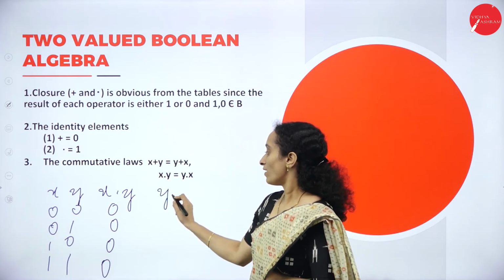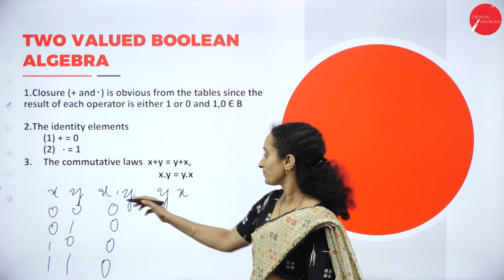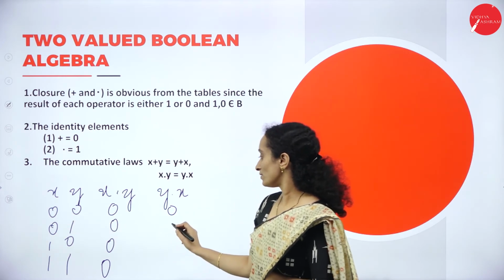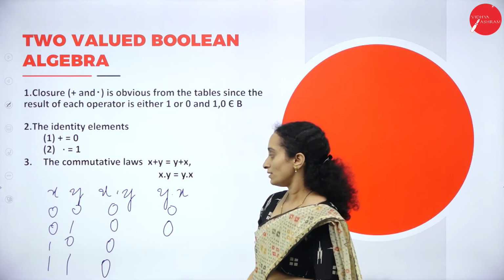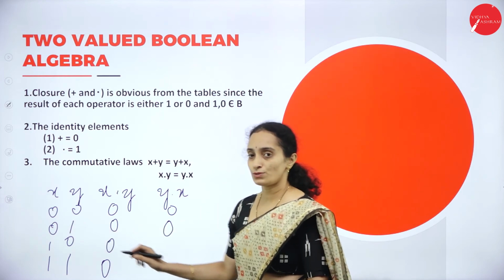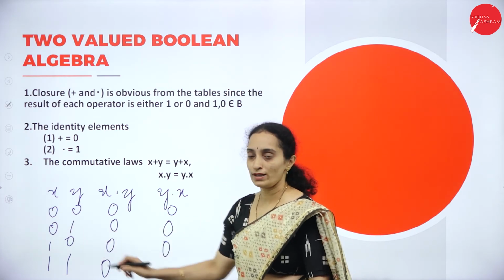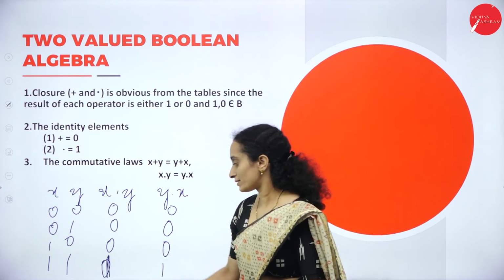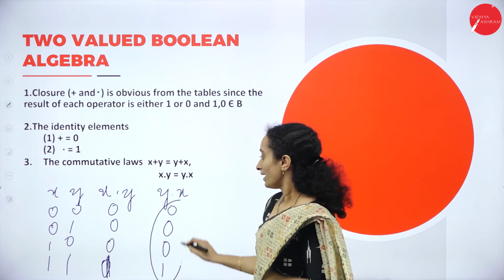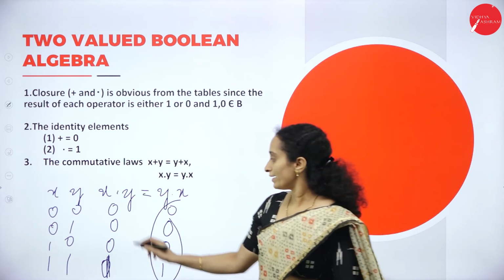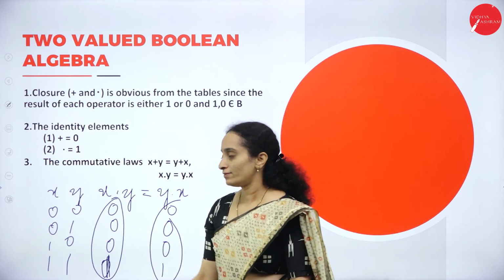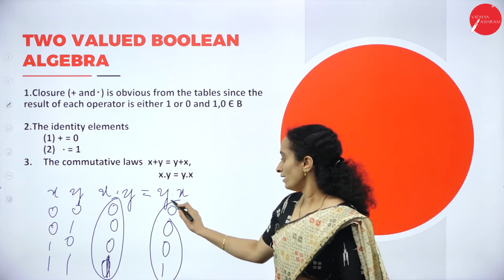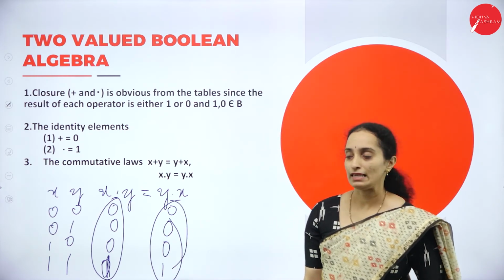If you take y into x: 0 into 0 is 0, 1 into 0 is 0, 0 into 1 is 0, 1 into 1 is 1. So x into y is equal to y into x with respect to the truth table values. Both the values in the truth tables are equal.